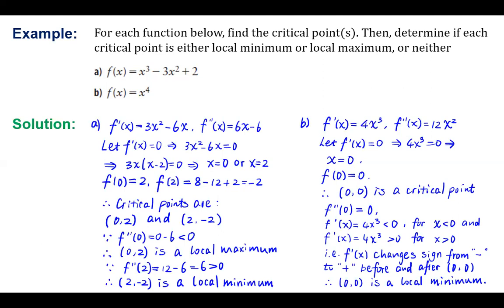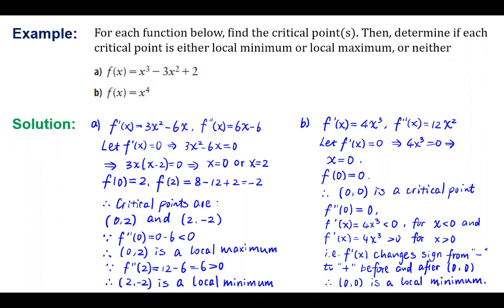Then in order to check and categorize the types of the critical points, we check the second derivative. So at x equals 0, the second derivative is 0 minus 6, which is less than 0, right? Before we conclude, you need to also calculate the values of the function at x equals 0 and x equals 2.